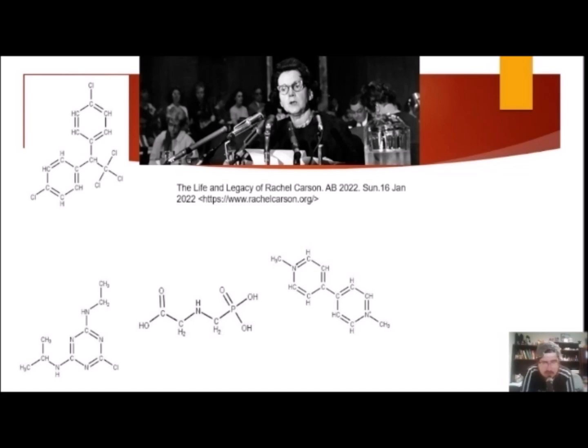But we almost wiped out the American bald eagle, our national symbol. The worldwide ban has since been formalized, since 2004, a year after this book started coming out. So we still produced it and sent it to other people for a long time, but it's since been banned worldwide.